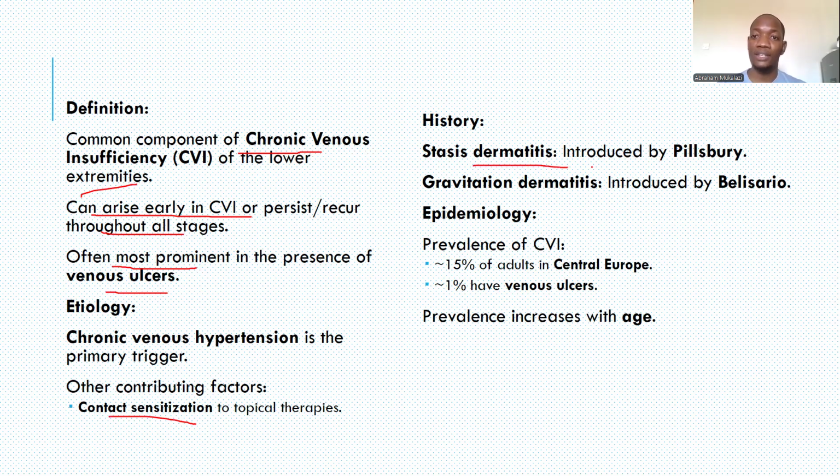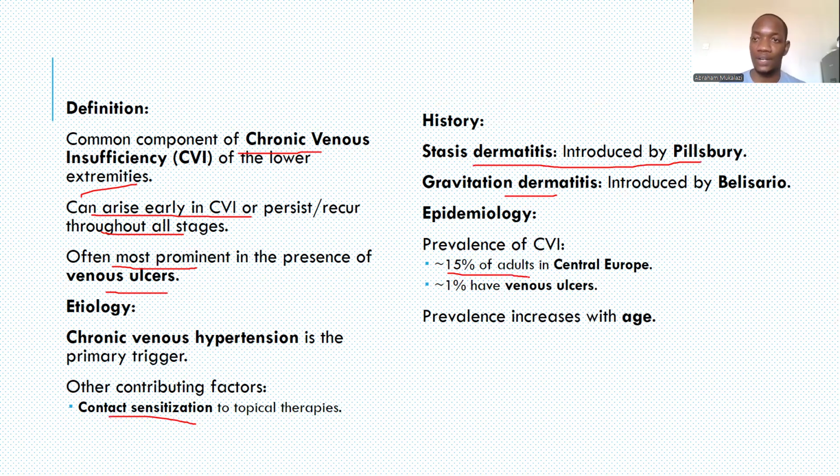Stasis dermatitis was introduced by Philberry, who described it, and the name gravitational eczema or dermatitis was introduced by Belisario. Commonly, we see that 15% of adults in Central Europe end up having chronic venous insufficiency, and 1% have the ulcer.